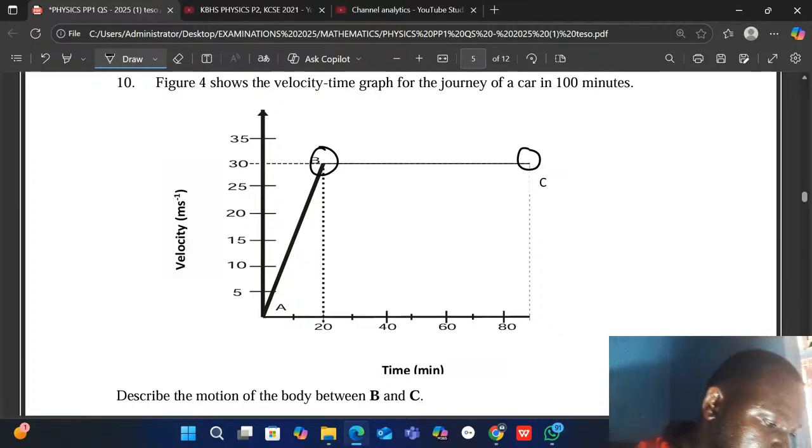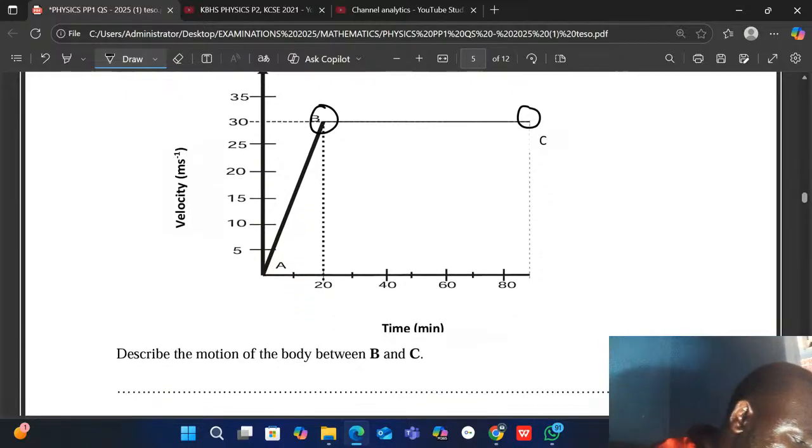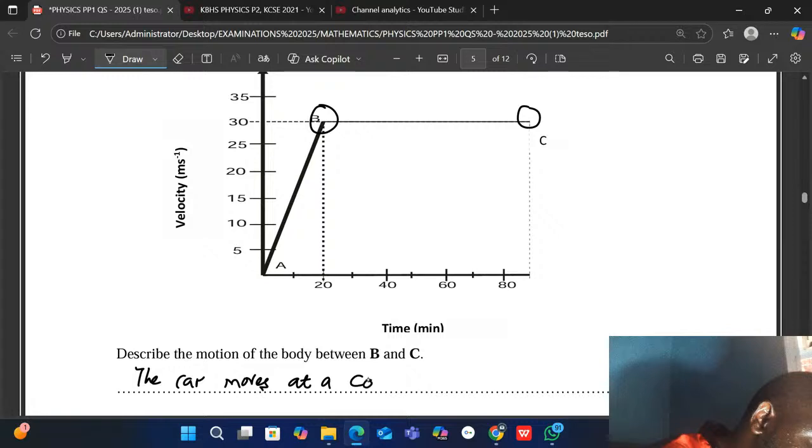So you can say the car moves at a constant velocity, or you can say no acceleration. But this is the best part.